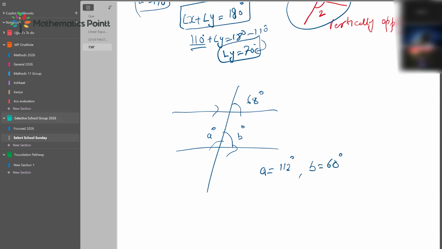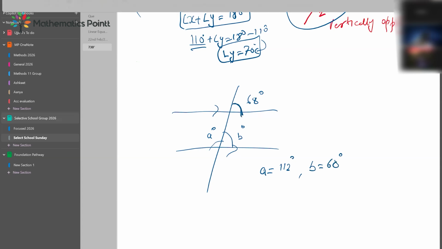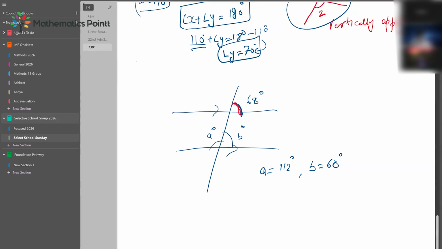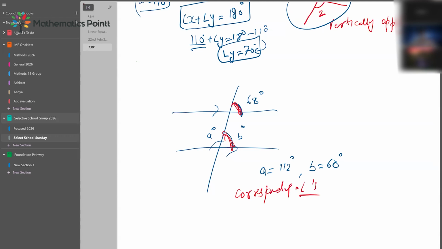How? This angle here, I'll change the color. The angles in the red are corresponding angles. So that means angle B is equal to 68 degrees. So I found B now.